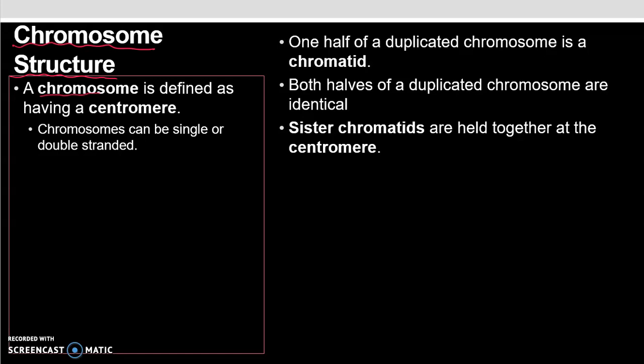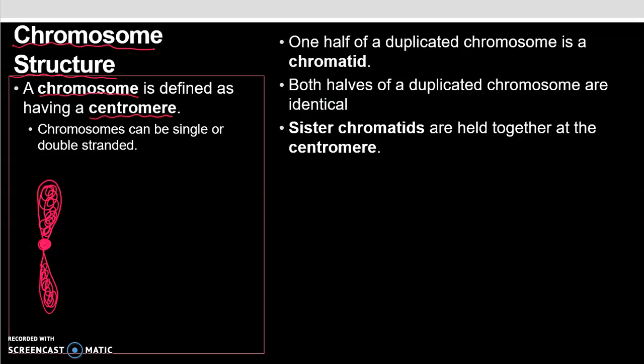So chromosomes are defined as having a centromere. And the centromere is a protein at the center of our supercoiled DNA. Centromere kind of sounds like center. So again, our DNA is supercoiled. This is just one strand.